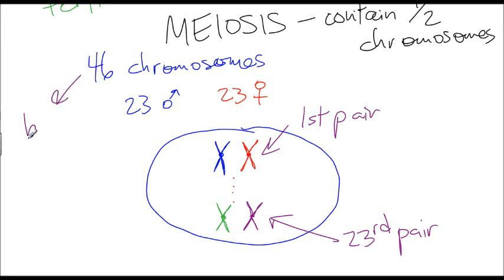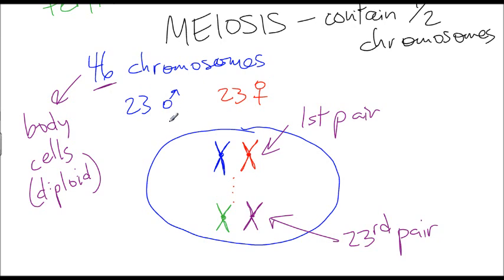So let's look at what happens with 46 chromosomes. Body cells contain the diploid number of chromosomes, right? That's 46. Gametes, or the sex cells, contain the haploid number of 23 chromosomes.